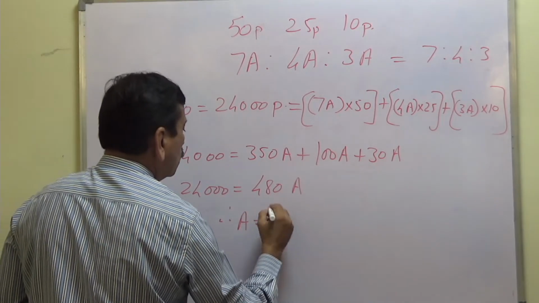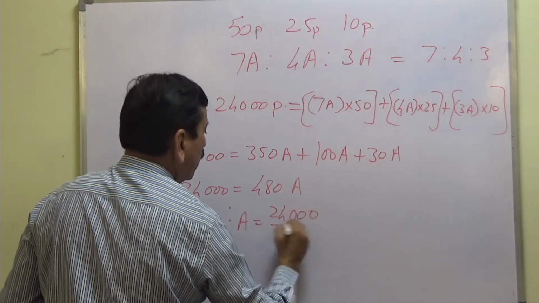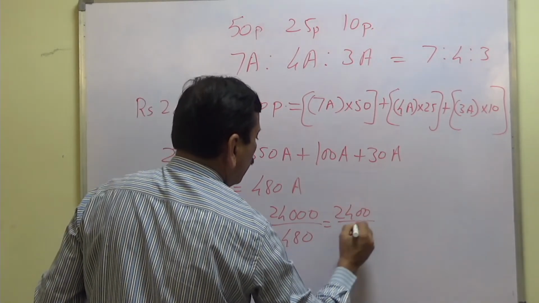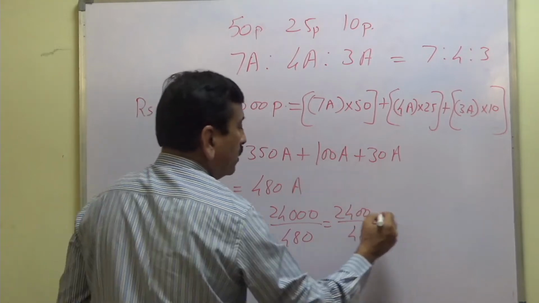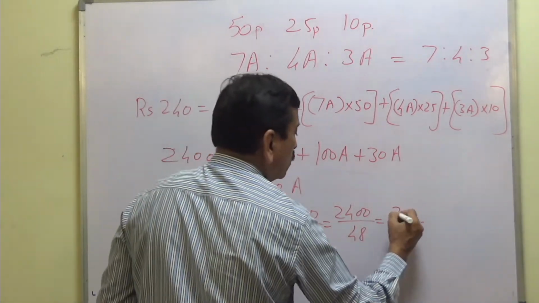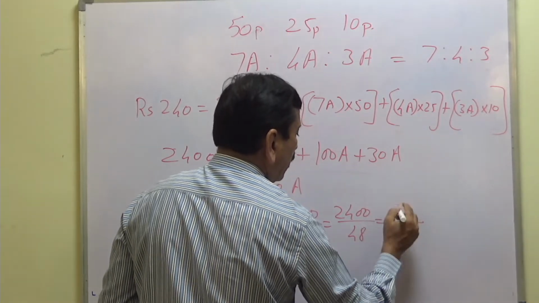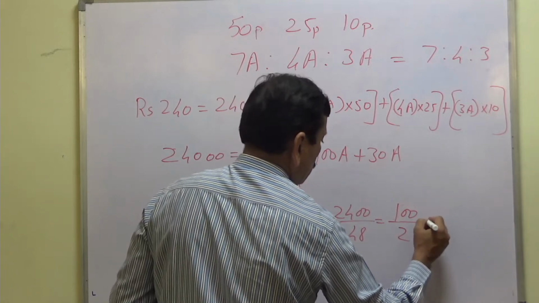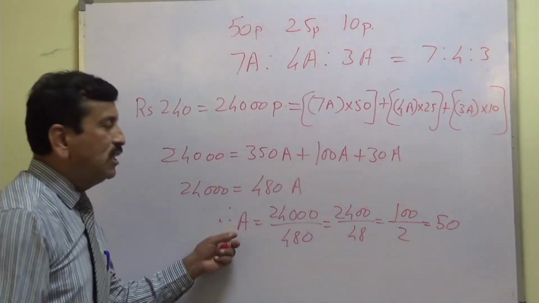A is equal to 24,000 upon 480, which is 2400 upon 48, dividing by 24 up and down: 2400 divided by 24 is 100, and 48 by 24 is 2. So we get A is equal to 50.